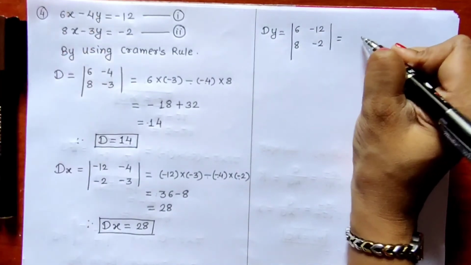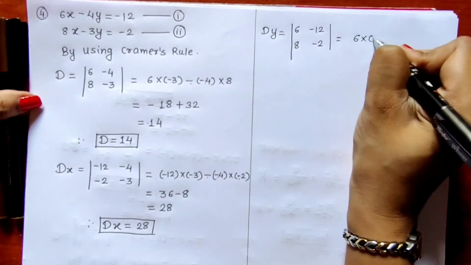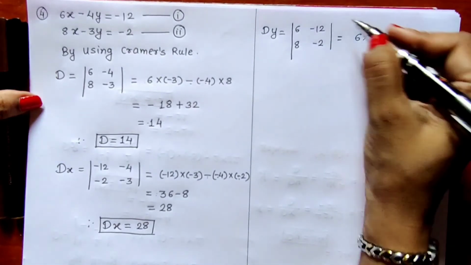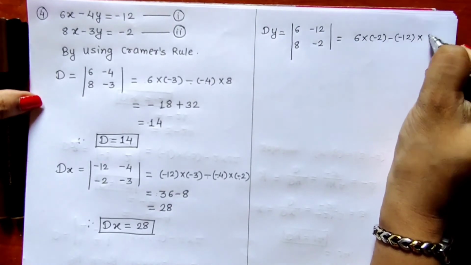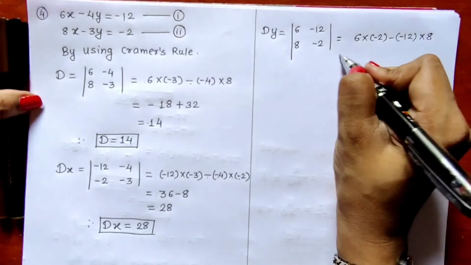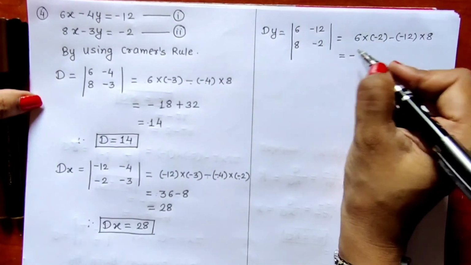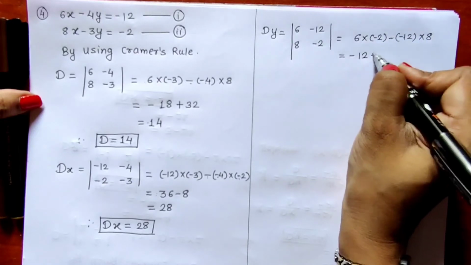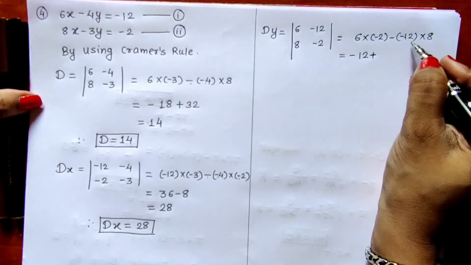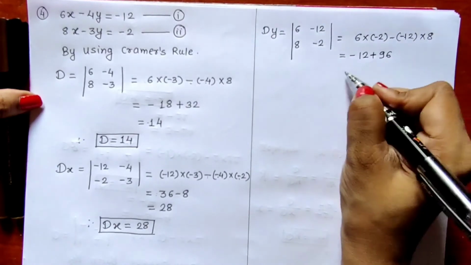Cross multiply 6 into -2 minus -12 into 8. 6 into -2 will be minus, plus minus minus sign, 6 2s are 12, minus minus plus. 12 8s are 96.